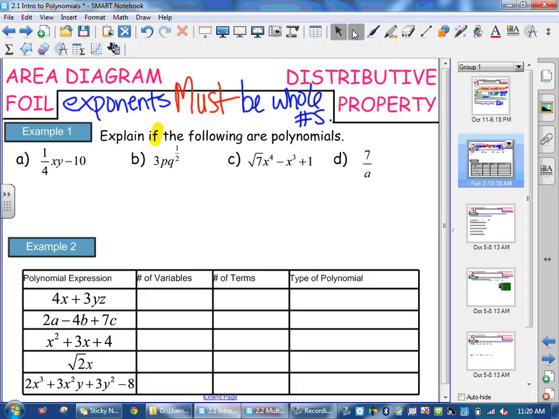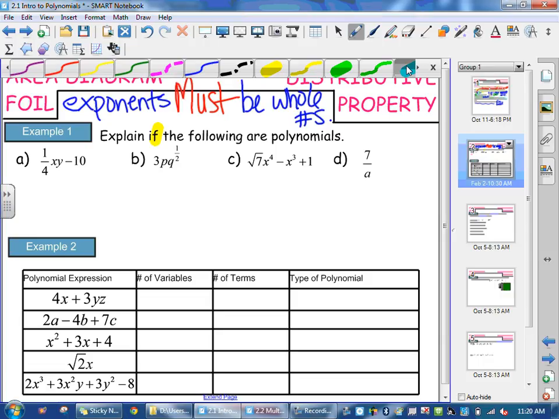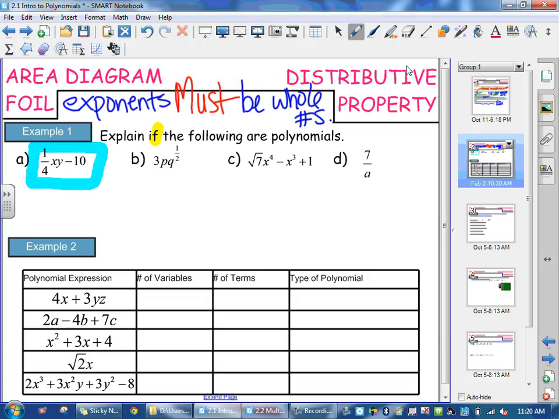So if we take a look at the very first one, what do I notice I have? I'm looking to see, do I have exponents that are not whole numbers? No. These all have hidden baby ones on them. They're all whole numbers, so it checks that one. Excellent. Is there a variable on the bottom of a fraction? No, there isn't.